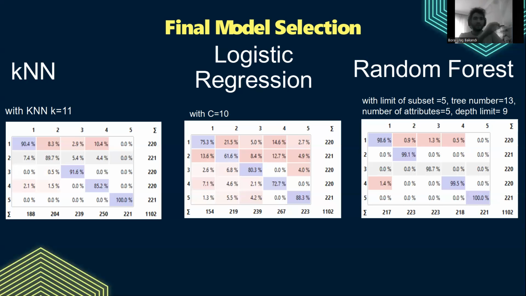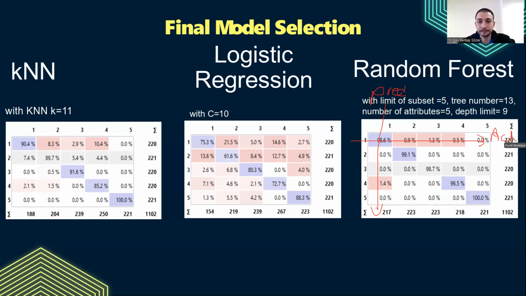If we look at the table on the right, it's the fourth class, if I'm not misreading. Yeah, it is the fourth class. Why? Because the columns are predictions. Am I right? Yes, you are right. The predictions. The rows are the actual values.